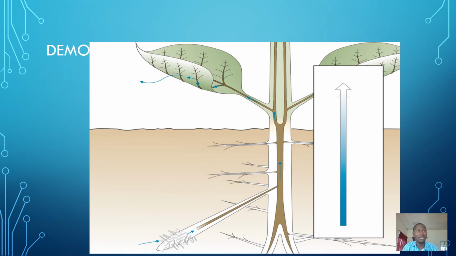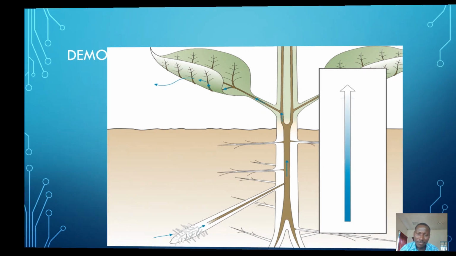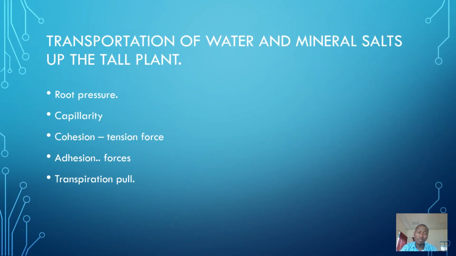That is when a plant is losing water in form of water droplets due to high pressure exerted on the water in the xylem as a result of absorption of more water from the soil by the root hairs by osmosis.